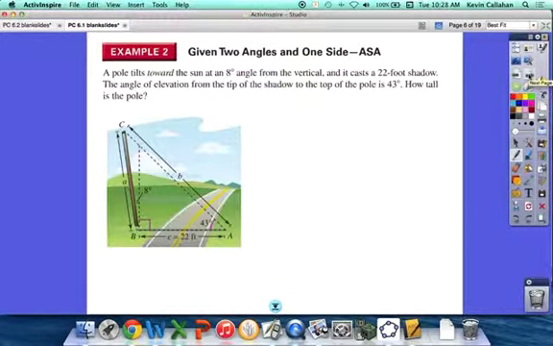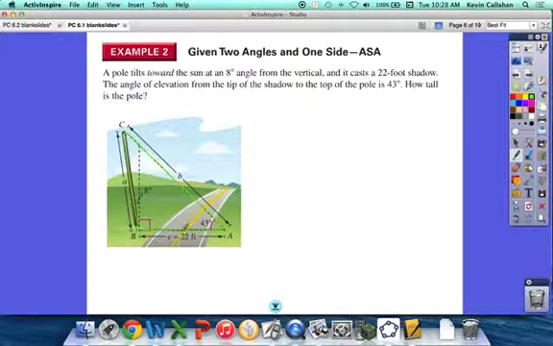And this one is an example of angle side angle, but it's actually done as a word problem here. If you notice, here's our triangle that we're looking at. It says a pole tilts toward the sun at an angle of 8 degrees from the vertical and casts a 22-foot shadow.